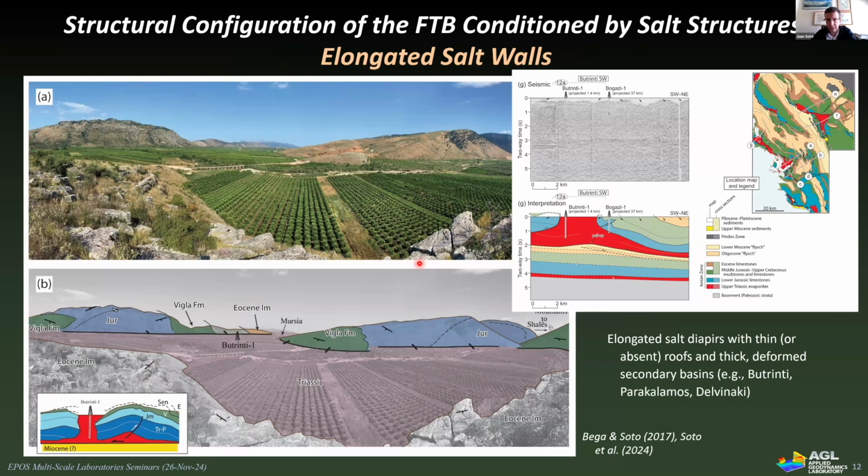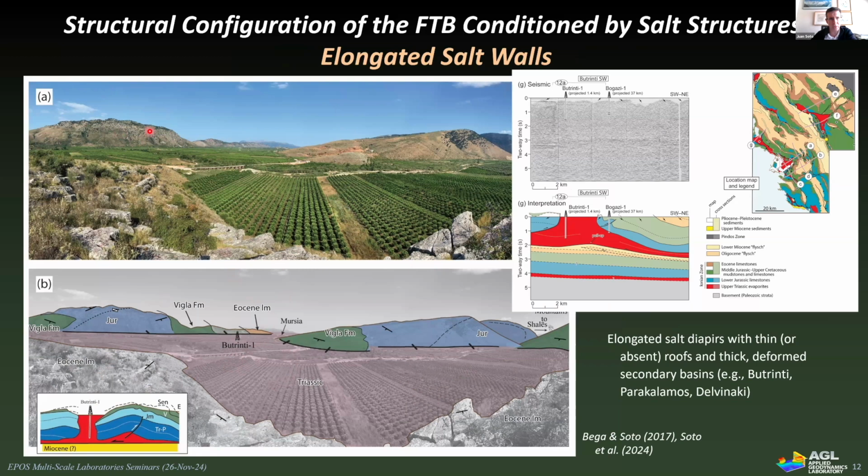And to go directly to the main points, for example, this is between Albania and Greece. This is the Butrinti area, and this is the major outcrop of Triassic. According to well data, the Butrinti well, we have more than 3 kilometers of Triassic evaporites without any cover.